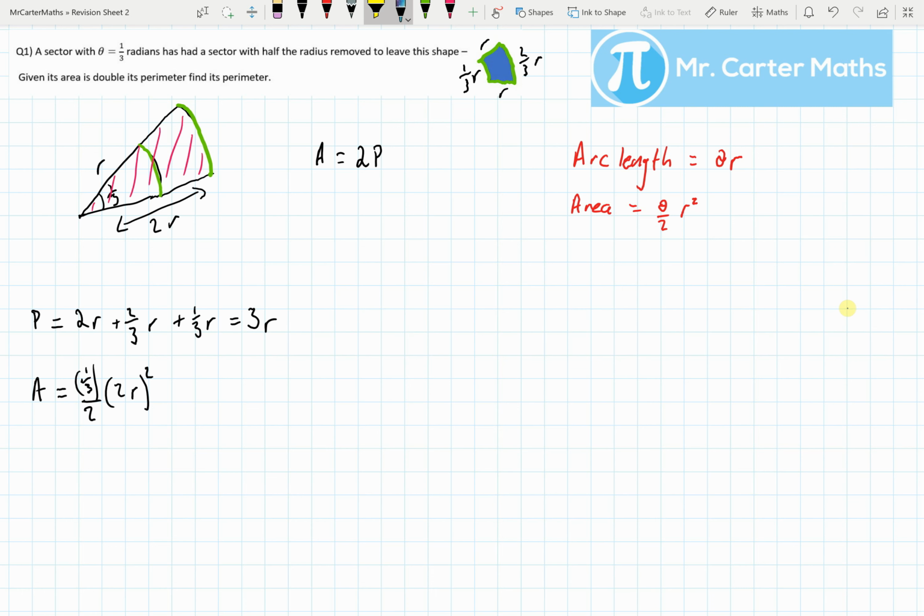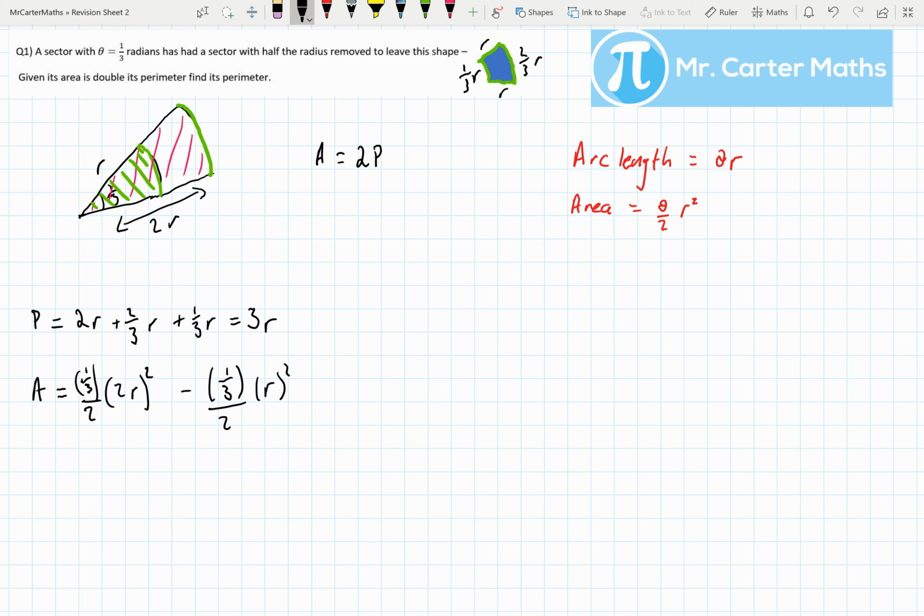I want to subtract this bottom sector from that. So now I need to minus, again using my area of a sector formula, theta over 2, which is 1 over 3 over 2 r squared. Now r for the smaller one is just a singular r.